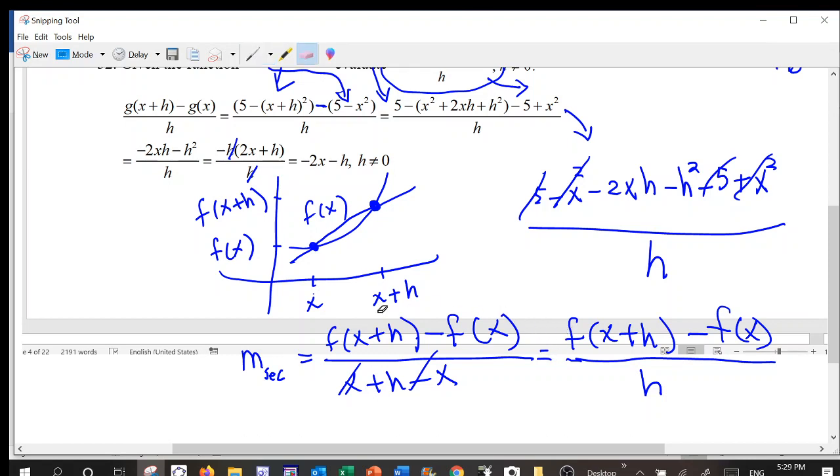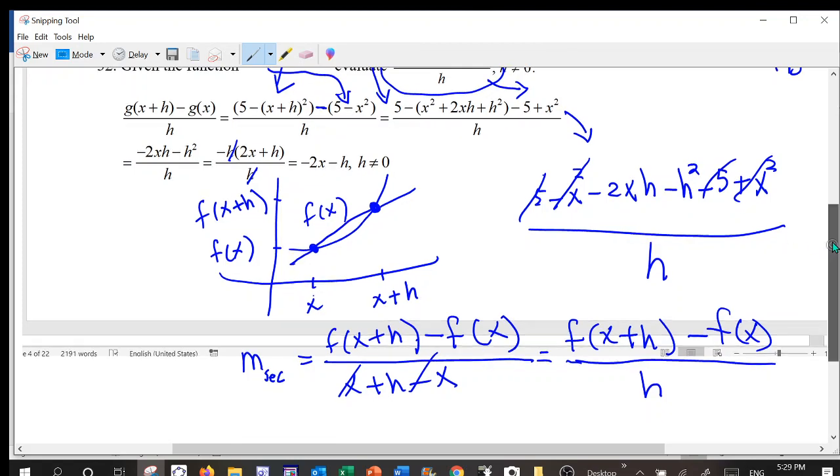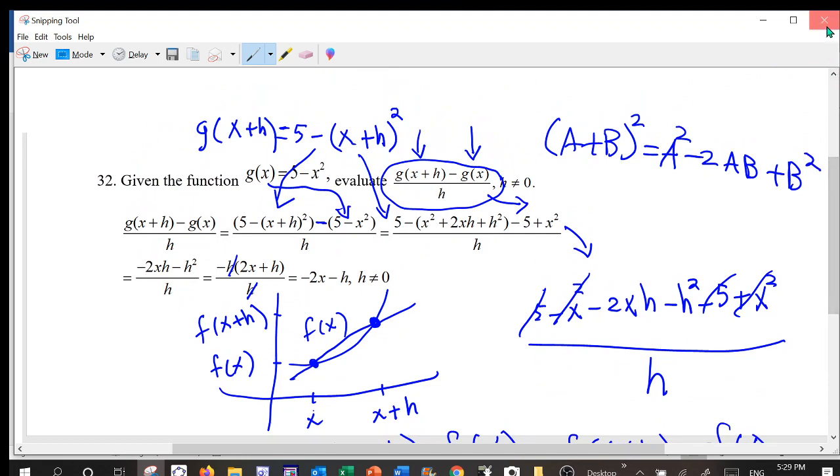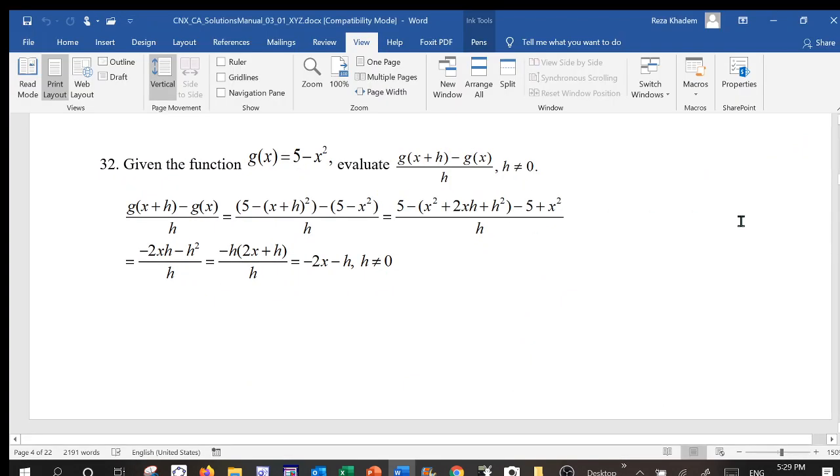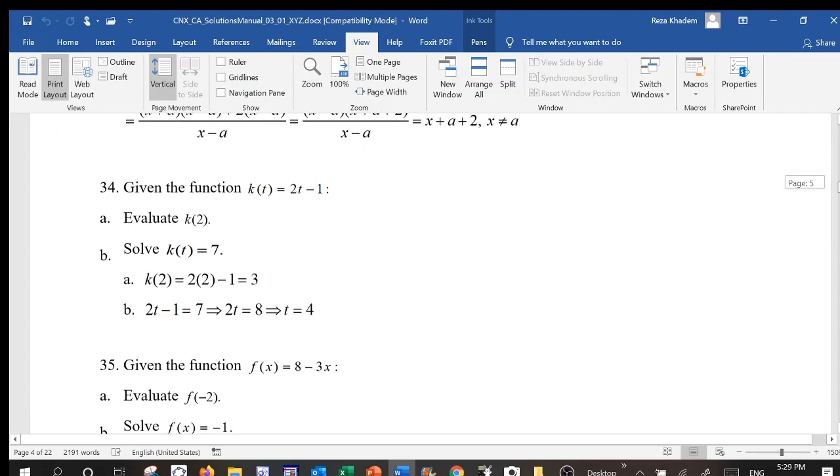Difference quotient. But you could call it the slope of a secant line. All right, so now let's go to the next one. This was number 32. So we're going to do number 33. Let's do number 33.